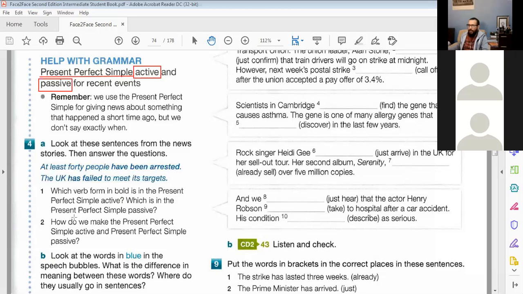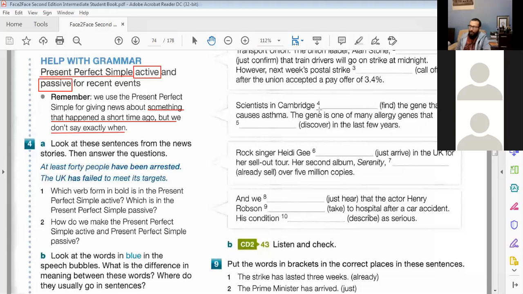But the general idea, or the important thing you need to remember, is the present perfect simple. Usually when we use it in the news, it talks about something that happened a short time ago and we don't say when. Of course, this is always the case with the present perfect. We never say when. Do you get the idea?